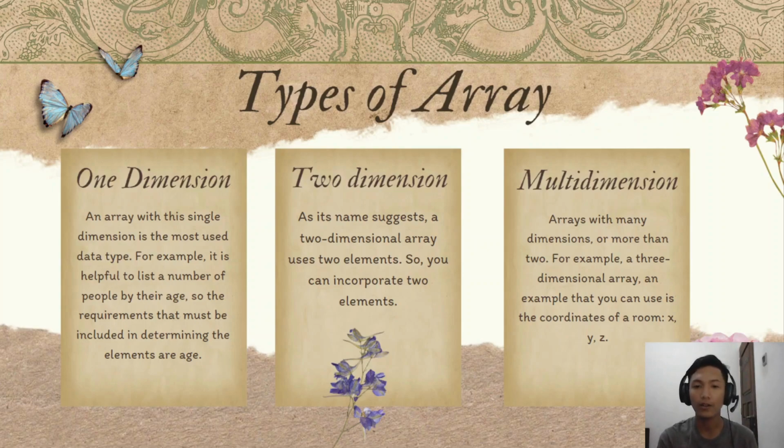For example, we can use a square that has length and width. And next, multi-dimension, arrays with many dimensions or more than two. For example, a three-dimensional array. An example that you can use is the coordinates of a room, which has x, y, and z.